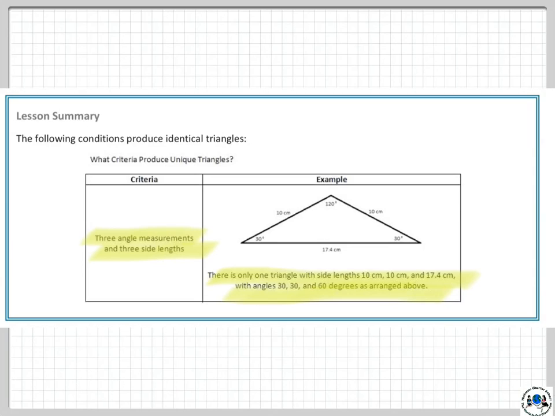You need this criteria. You need three angle measurements and three side lengths to create identical triangles. It's the only way. This does not seem very profound and important to me, but I guess it is. You just can't go by one simple measurement, one side, to think that triangles are identical.